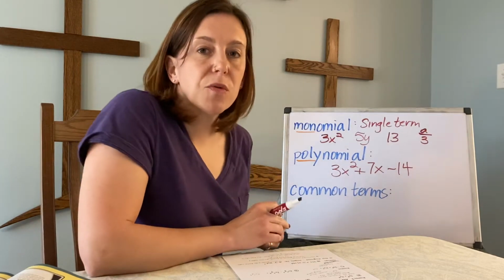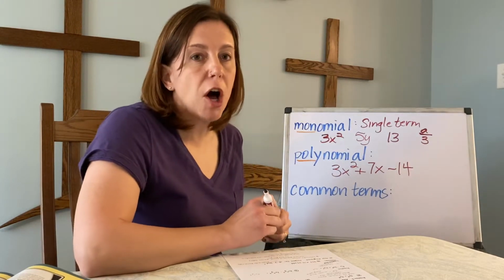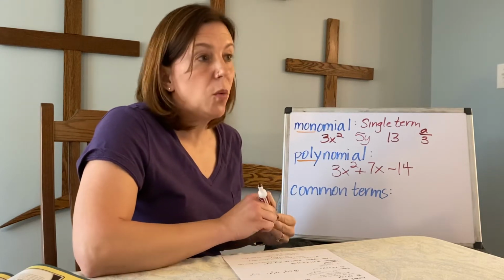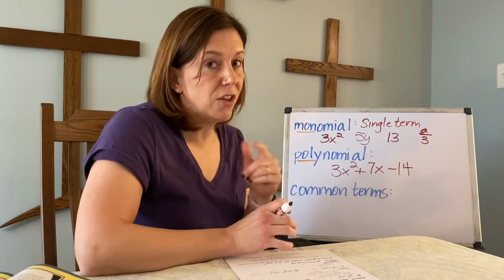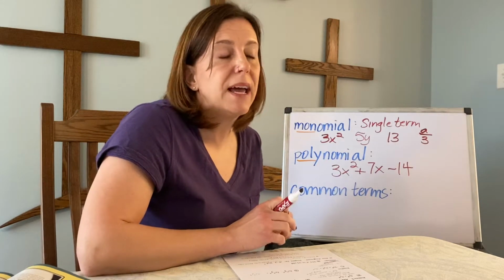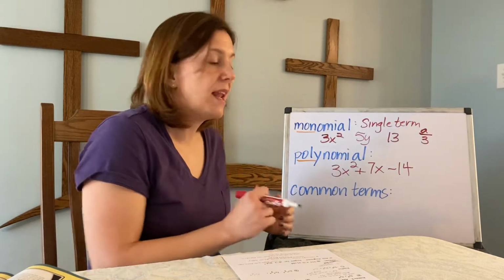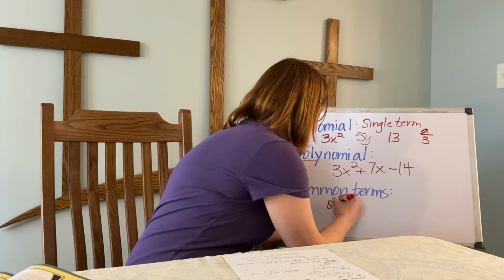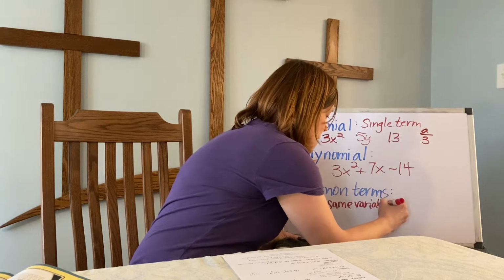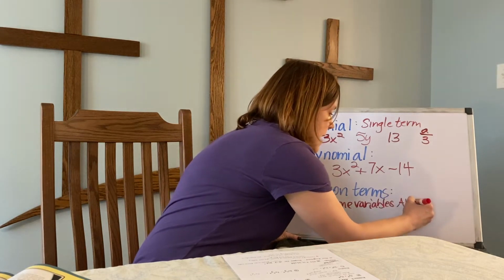We also need to review our definition for common terms. We have talked about common terms all year long, and you've learned them in previous years. A common term is defined by any terms that have the same variables and exponents.